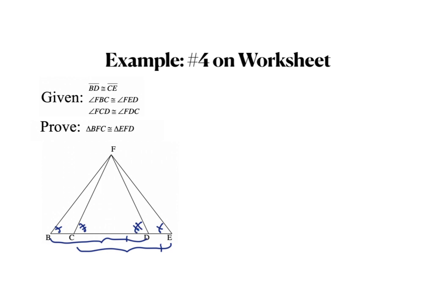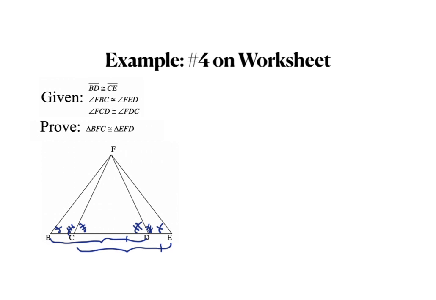Well, angle BCF here is supplementary to angle FCD, and angle FDC is congruent to FDE. That congruent supplements theorem would allow me to show that this angle must be congruent to that angle. All right, well, that's good news.